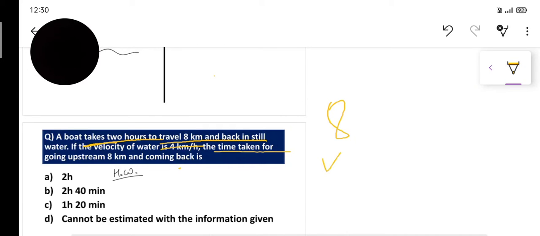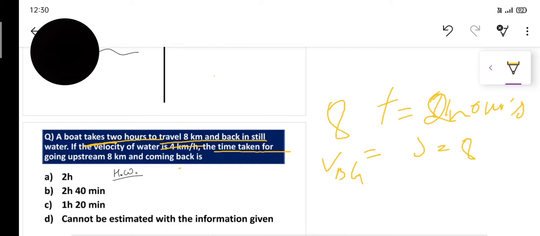Still means velocity of boat with respect to ground. Time is 2 hours and distance is 8 kilometer.